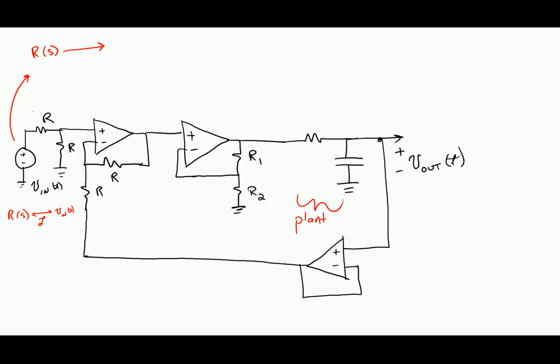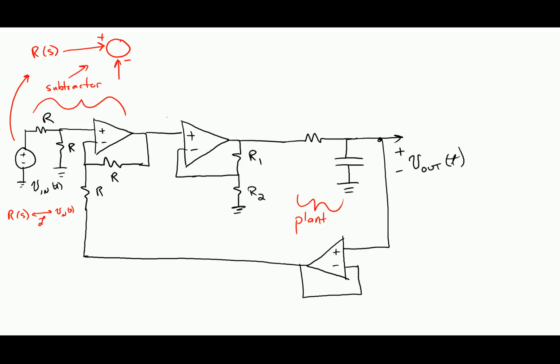Now, this right here is a subtractor. Go back to your basic circuit analysis, and you find that if the R's are all equal to each other, this will give me the difference of Vn minus whatever's right here. So I can model that subtractor like that. This is a model for my subtractor.